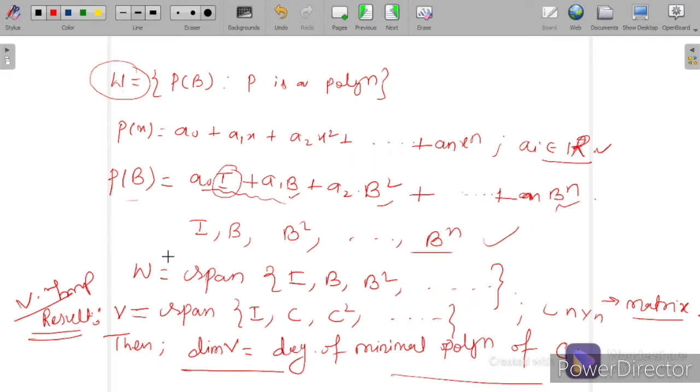See, here our vector space W is a span of identity matrix, B, B square and so on. So the dimension of this W will be equal to the degree of the minimal polynomial of B.